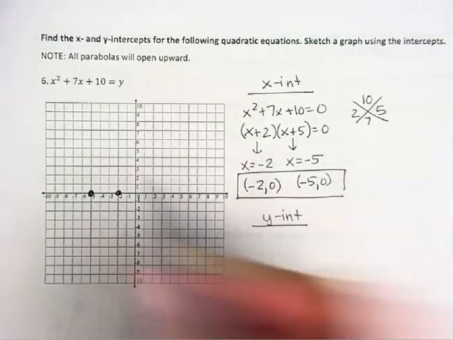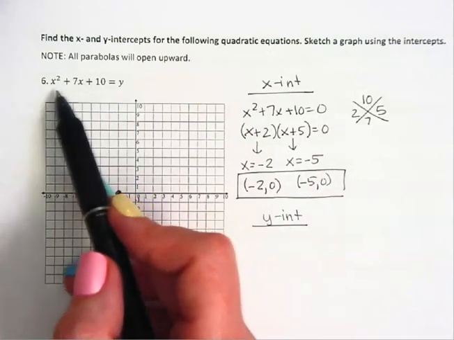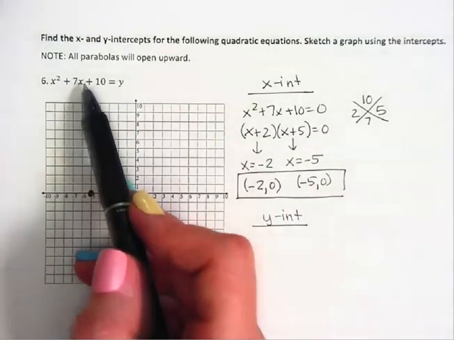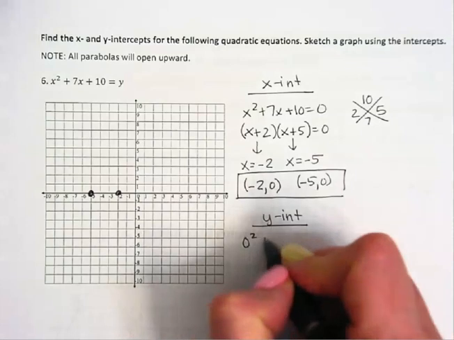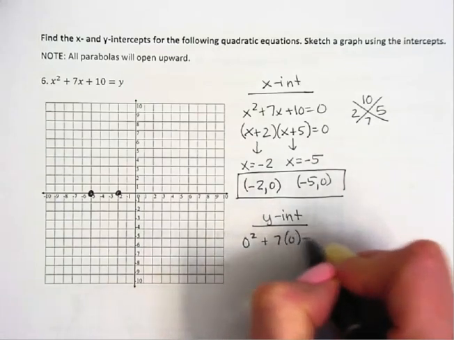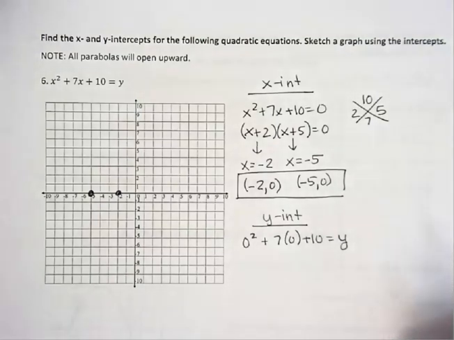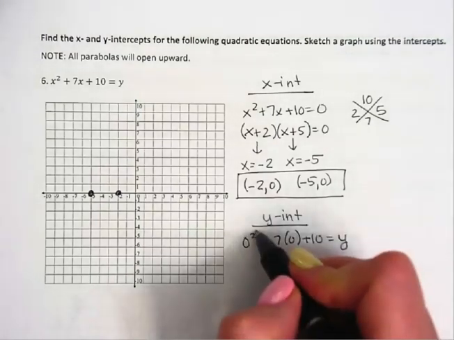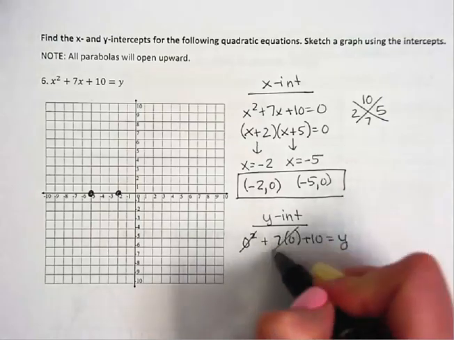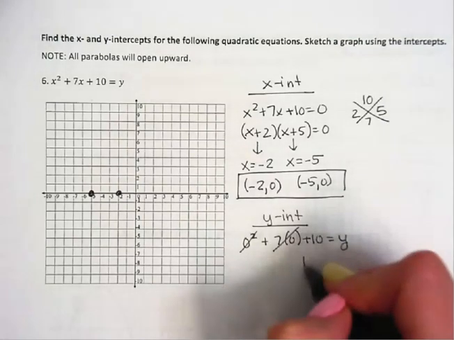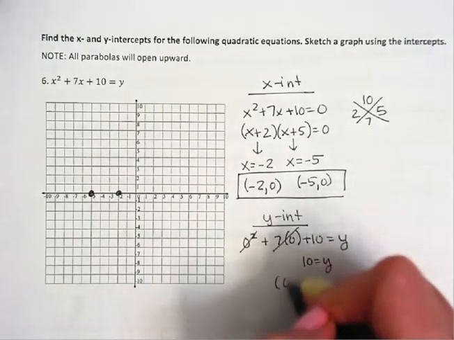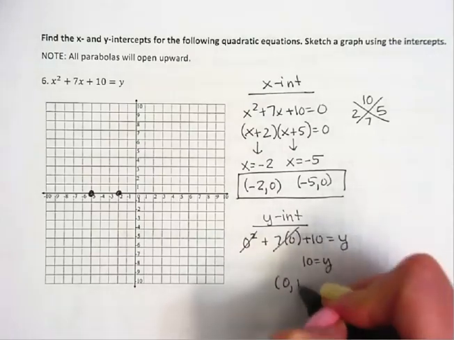For the y-intercept, you go back to your original equation, and now you put 0 in for the x's. So there's my substitution step. 0 squared is 0. 7 times 0 is 0. That just leaves me 10 equals y. So when x is 0, y is 10.